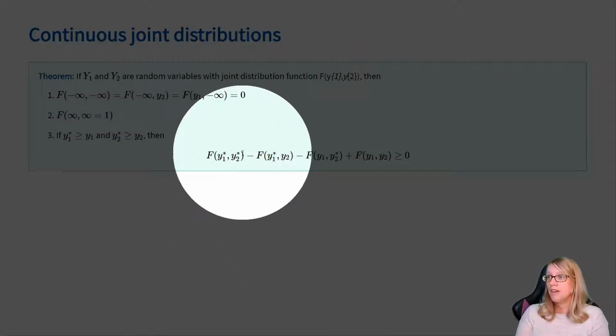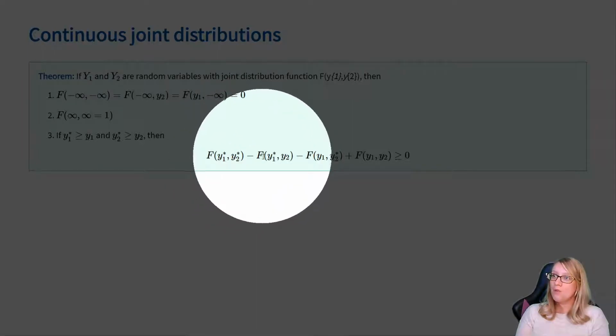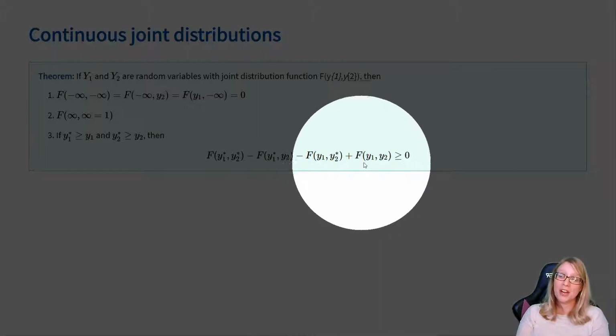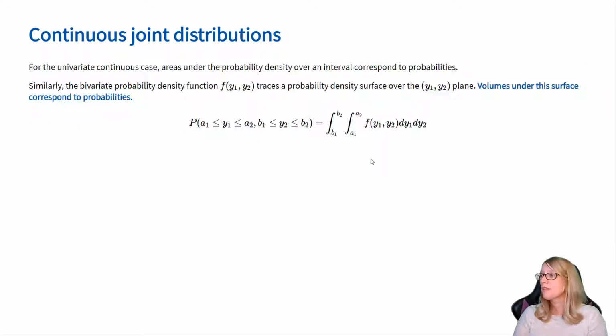The CDF evaluated at y1, y2 star, minus F of y1 star, y2, minus F of y1 and y2 star, plus F of y1 and y2 must be greater than or equal to 0. So whatever that region represents must be greater than or equal to 0. And again, we'll talk about what this looks like and what this tells us in class.